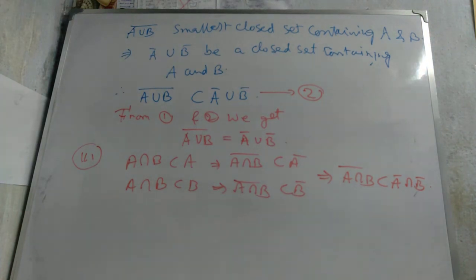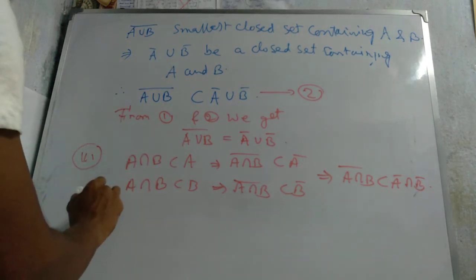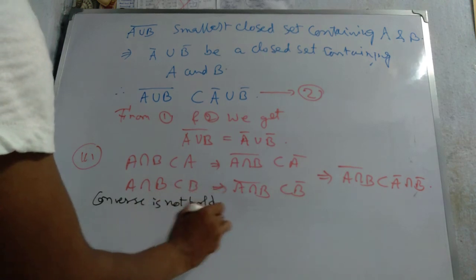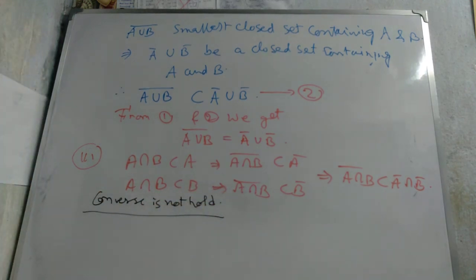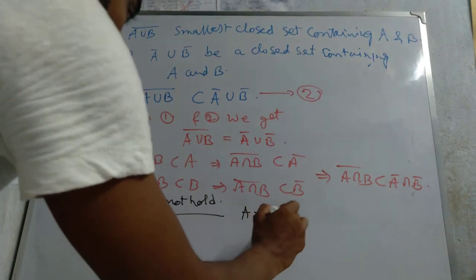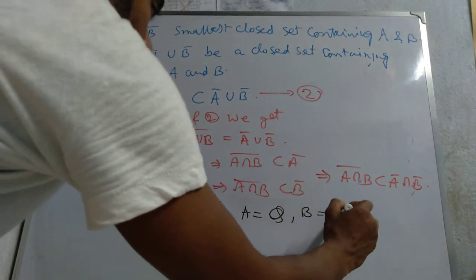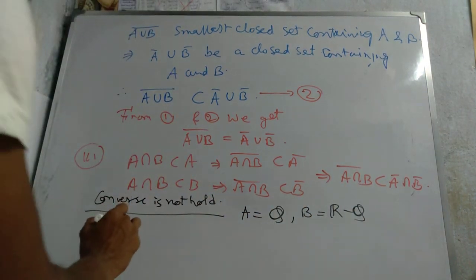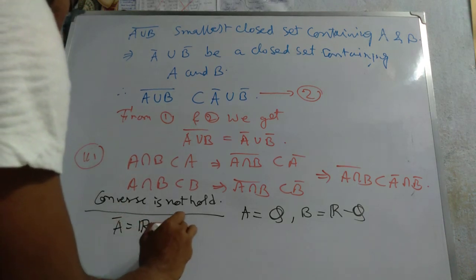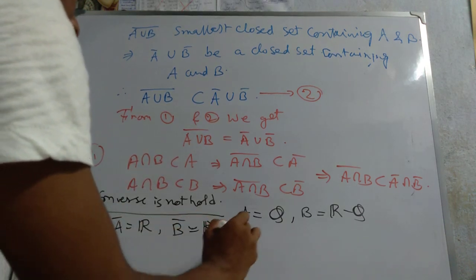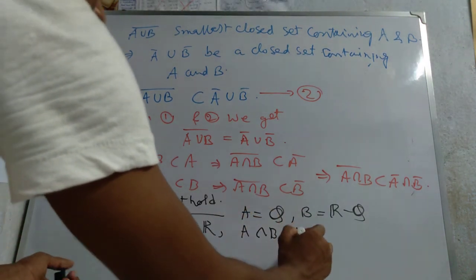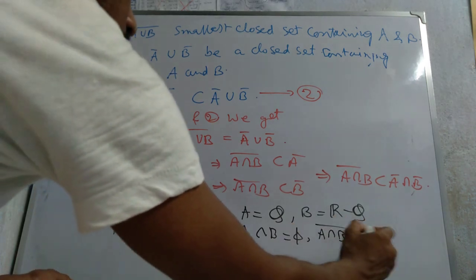Now we go further. That means the converse does not hold for intersection. How is this proved? We take A equal to Q and B equal to R minus Q. Then we know that the closure of A equals R and the closure of B equals R, and A intersection B equals the empty set, so the closure of A intersection B equals the empty set.